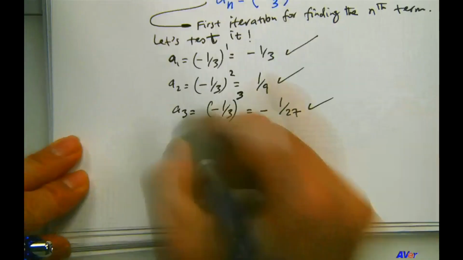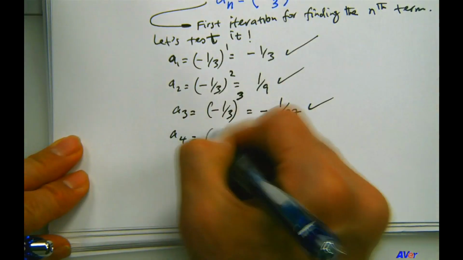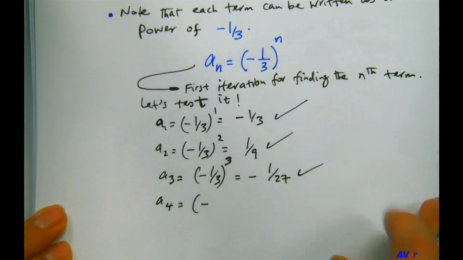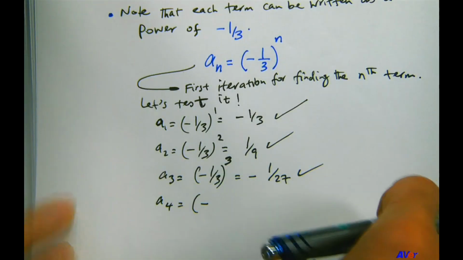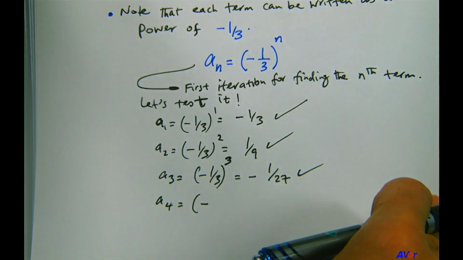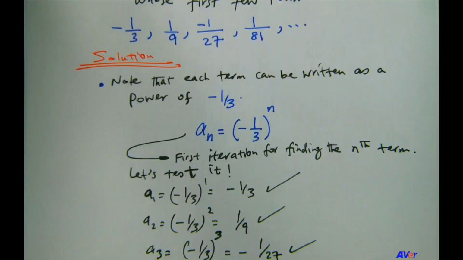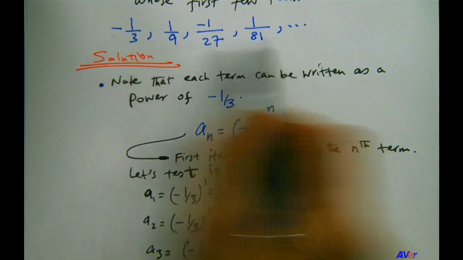So it checks out. And I personally like to check each one just to make sure, because it's possible that you have this first iteration for the nth term of a sequence, and you test the first two numbers and it checks out, but the third number it doesn't. So we need to continue until we make sure that we have tested all the numbers that are given in the sequence.